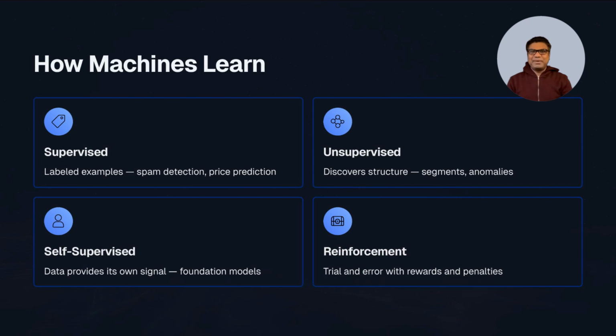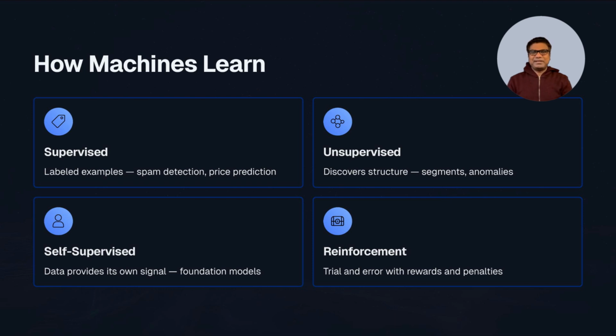Machine learning works by finding patterns in examples. In supervised learning, a model is trained on labeled examples, such as emails marked spam or not spam, or house records paired with sale prices. In unsupervised learning, the data is not labeled, so the system tries to discover structure, such as customer segments or anomalies.